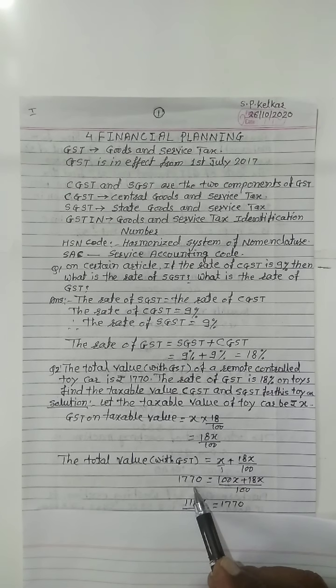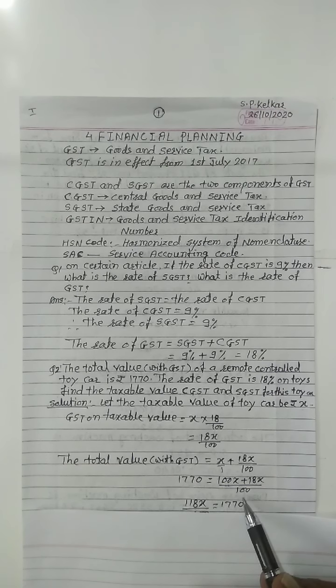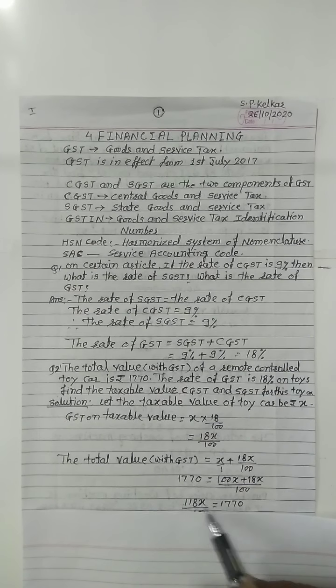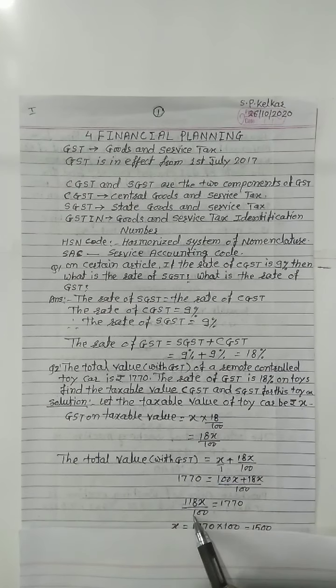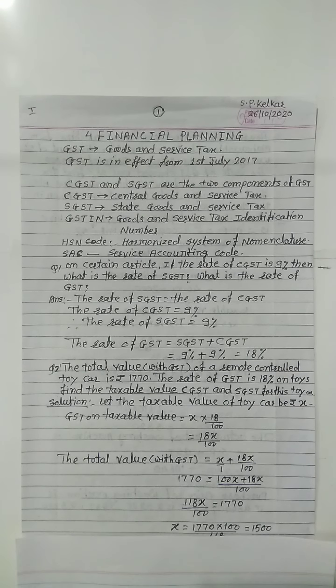Then we get 1770, that is the total value with GST, equal to 100x plus 18x, which is 118x divided by 100. And this equals 1770.